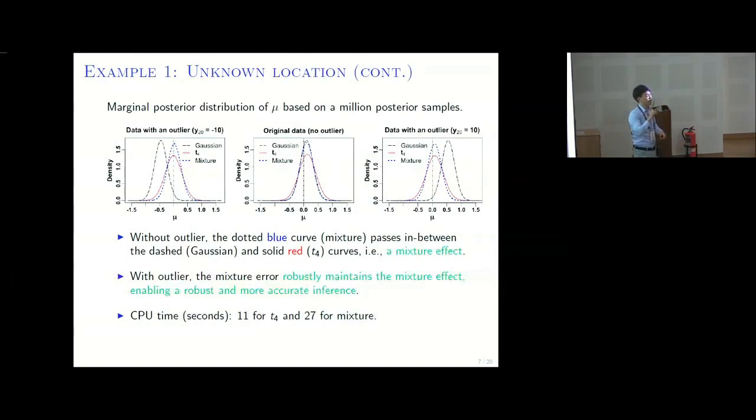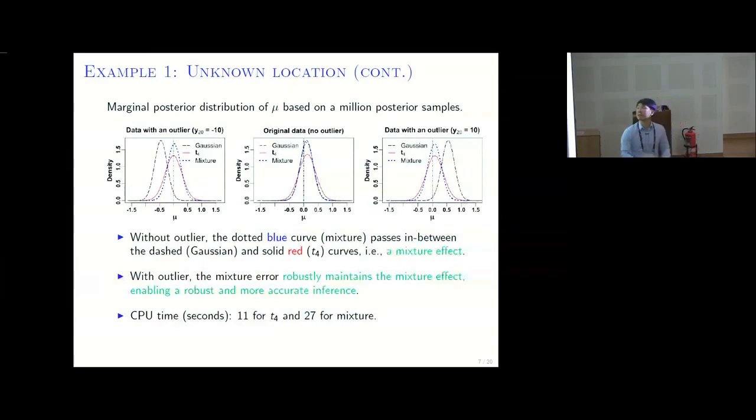So you are losing some efficiency by mismatching the error models. So a mixture model is expected to produce a curve that passes in between the other 2 curves, because the mixture error model is a weighted average of the Gaussian error and T error models.